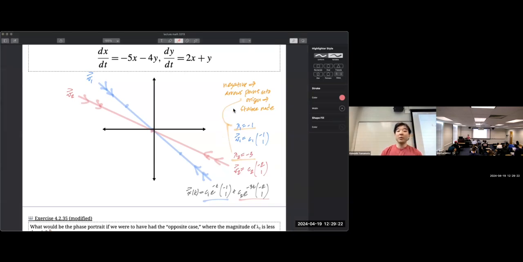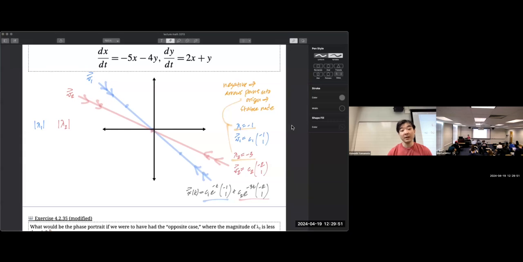Okay, now the purple ones. The purple ones require me to check the eigenvalues. If you look at the magnitude of the first eigenvalue and the magnitude of the second eigenvalue, this is -1 and this is -3. Yes, -3 is lower than -1, but if you take the absolute value, this becomes 1 and this becomes 3.